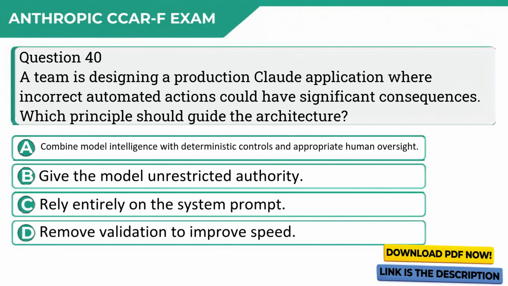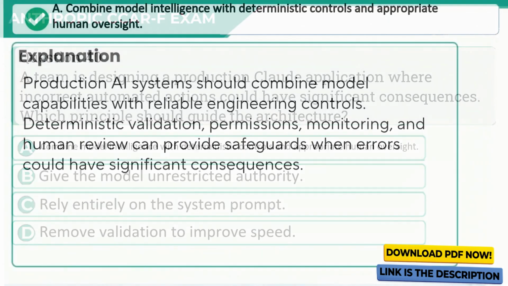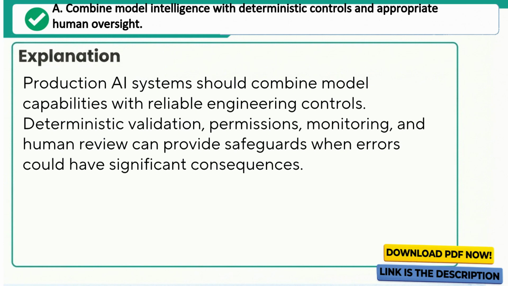D. Remove validation to improve speed. Correct answer: A. Combine model intelligence with deterministic controls and appropriate human oversight. Explanation: Production AI systems should combine model capabilities with reliable engineering controls. Deterministic validation, permissions, monitoring, and human review can provide safeguards when errors could have significant consequences.